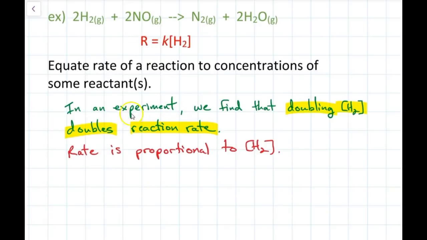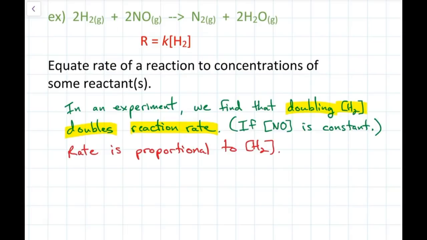So really I should have finished this statement in green by saying if concentration of NO is held constant. Let me go ahead and write that in. If concentration of NO is constant. Because if we don't hold that constant, then we really can't conclude the relationship between concentration of hydrogen and the rate of the reaction. Okay?